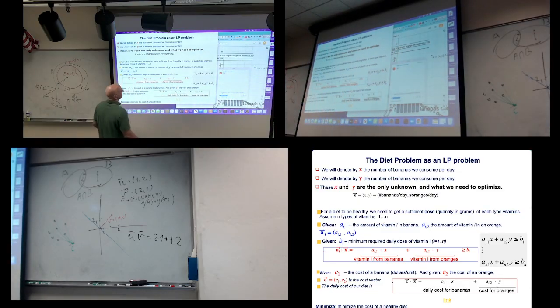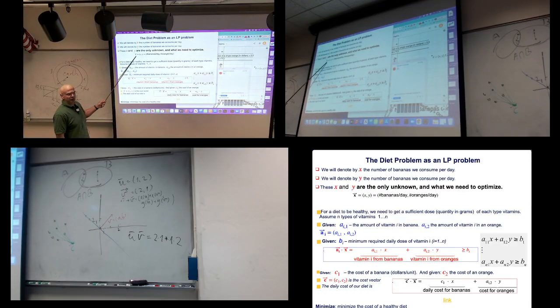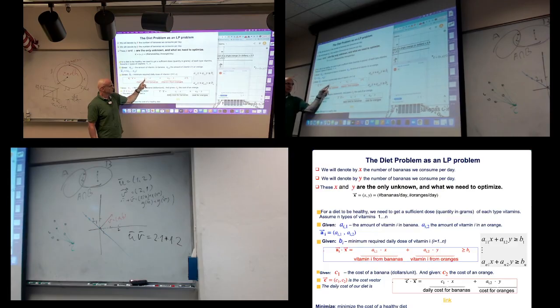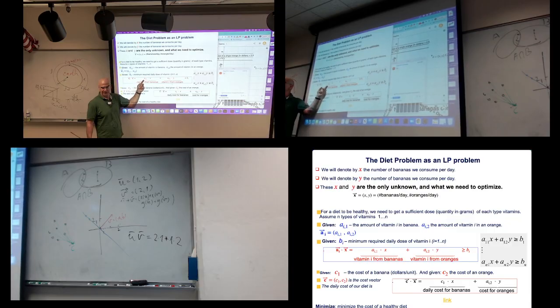So what am I looking for so far? I'm looking for a pair X and Y that, to start with, needs to satisfy a set of constraints. The first constraint: A11 times X is how many units of vitamin 1 you're getting from the bananas you're taking. You're taking 3 bananas, and A11 is 1, meaning you are getting 3 units of vitamin 1 from the bananas.